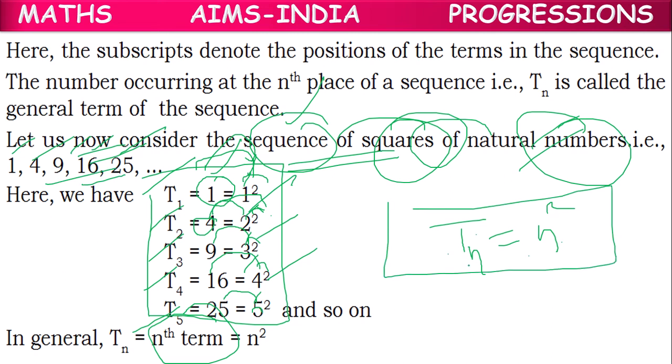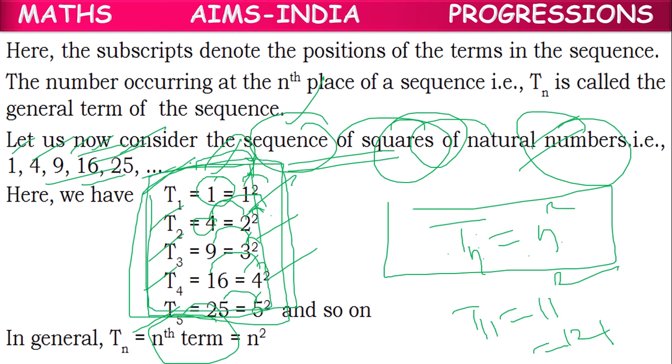Based on this definition, we can find any term. If you want to find the 11th term, T11 equals 11 square, which is equal to 121. So first, based on the relation given in the terms, we have to frame a formula for the general term, and based on the general term, we can find any other term in that sequence.